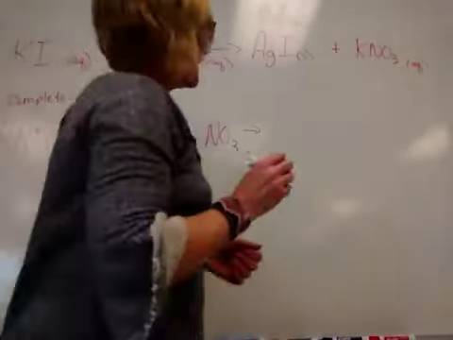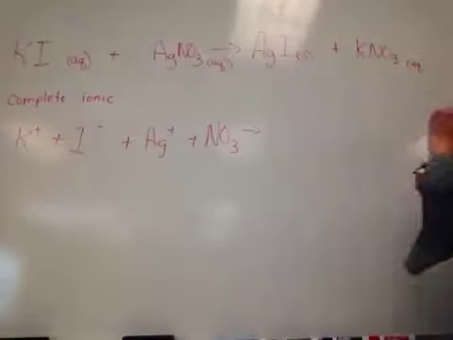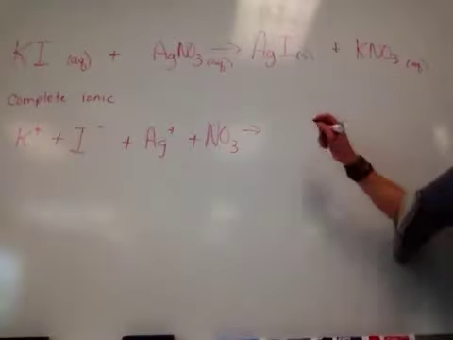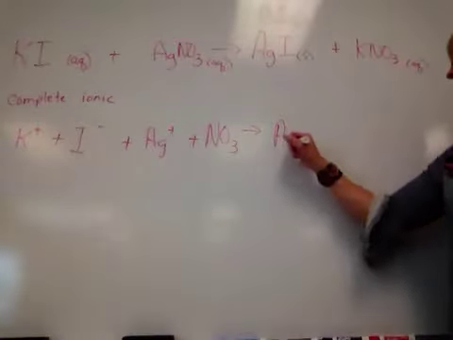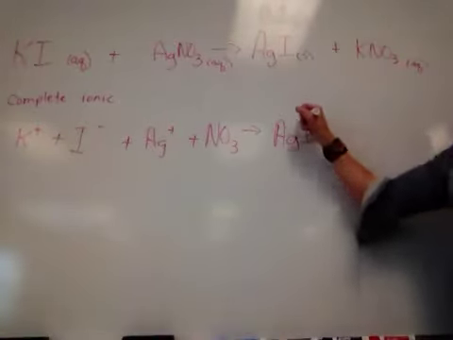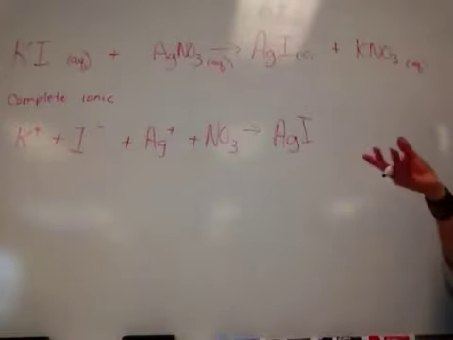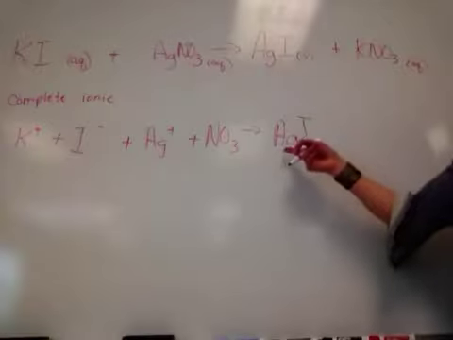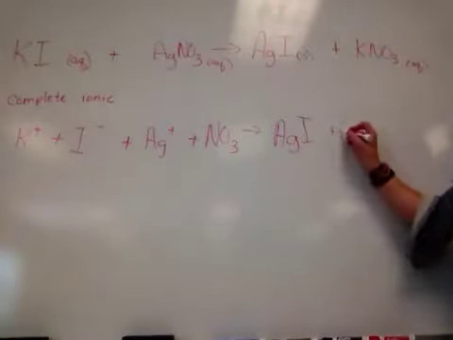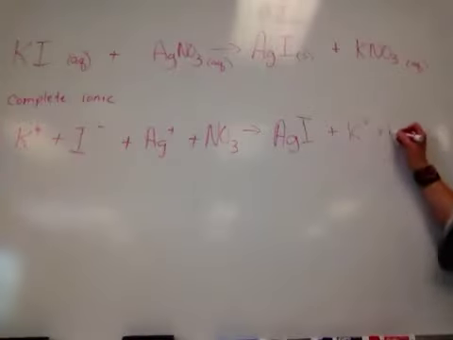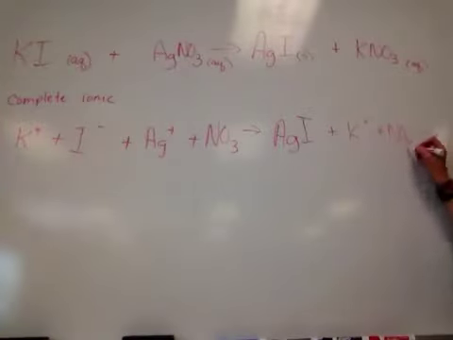On the other side, I have a solid. Is that going to break apart? No. If it's a solid, or if it's water, water is a liquid, water cannot break apart. So my solid stays together. This is aqueous, so I'm going to have a potassium ion and a nitrate ion.